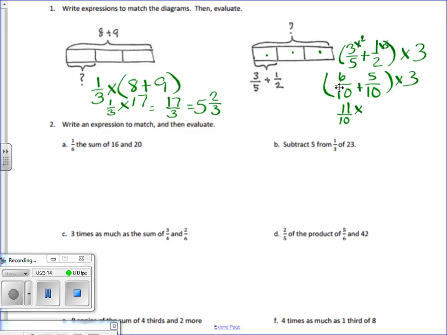I haven't taught you how to do that yet. Times 3, so that would be 33 over 10. Multiplying a mixed fraction really isn't that hard, but I haven't taught you how to do it, so just don't. So 33 over 10 is 3 and 3 tenths. This is 11 tenths, this is 11 tenths, this is 11 tenths. So the total is 33 tenths.